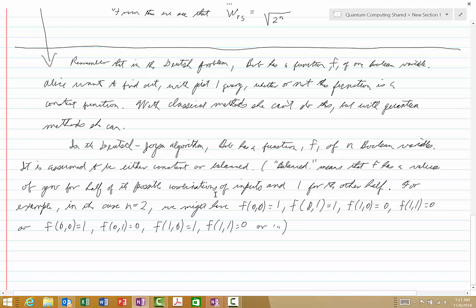So for the first two strings, counting in the usual binary fashion, 0, 0, 0, 1, she might begin to get the impression that this function is constant. It would only be when she gave him the next one, 1, 0, that he would send her back a 0, and therefore once she saw a 0, she would know for sure that this function was no longer constant, and because she's aware of the guarantee that the function is either constant or balanced, she would only at that point realize that it was a balanced function.